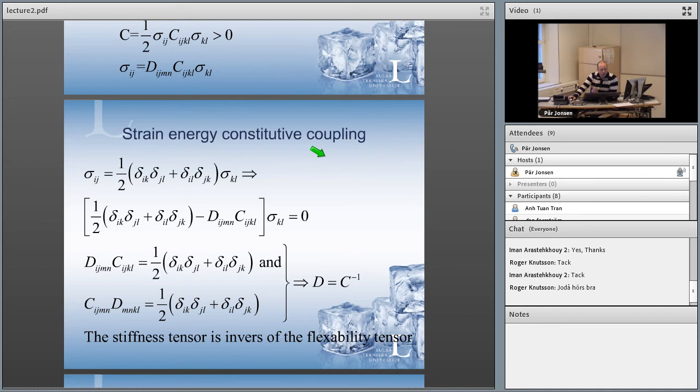This is true only when you have the relation with linear elastic material. So this is good to know, and it's also one thing that you can check when you're doing some models. You should check this property if you have linear elastic material. This is a way of checking that your equations are correct.